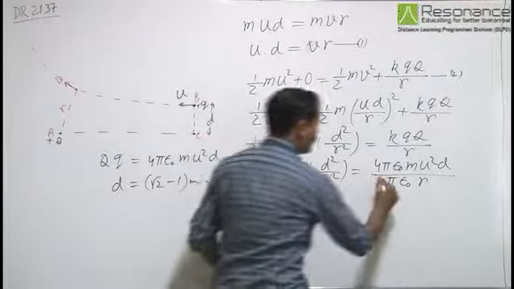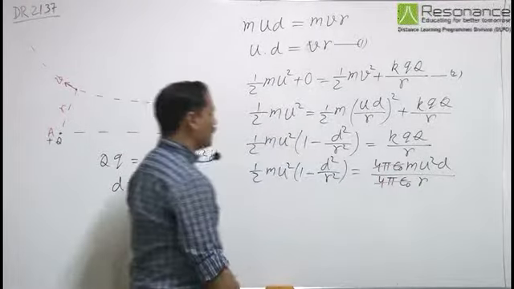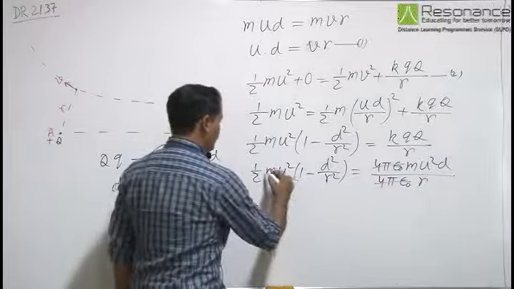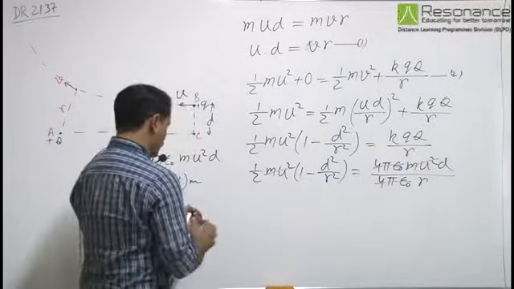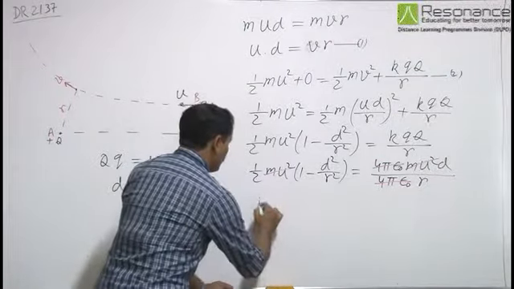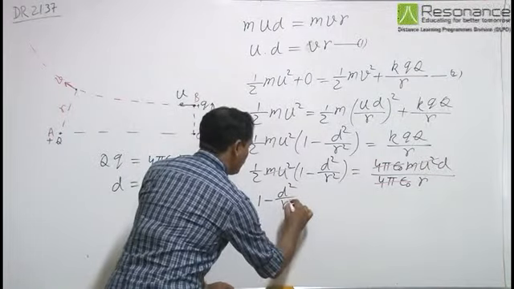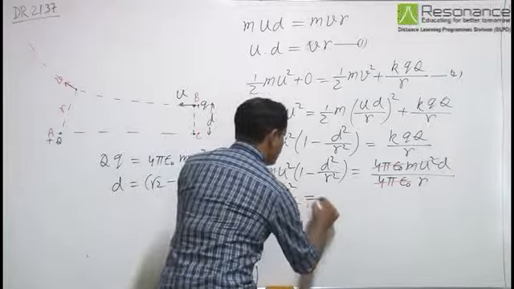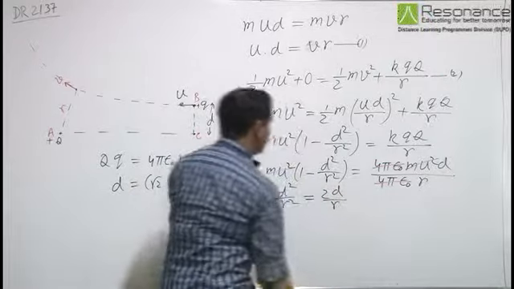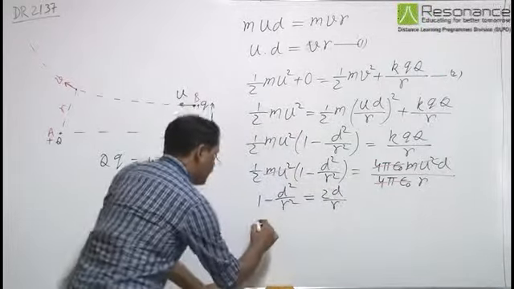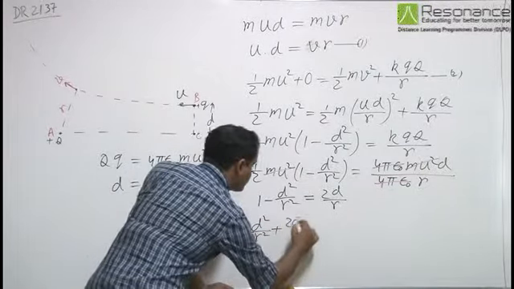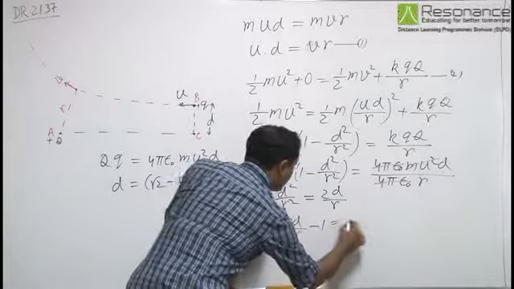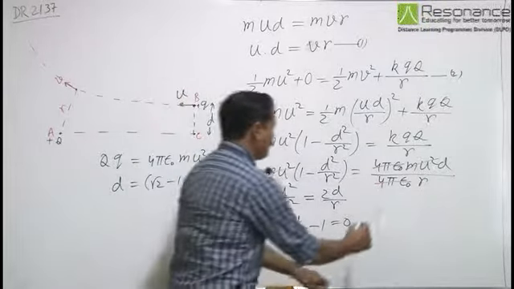So these 4 pi epsilon naught cancel. m u square is also cancelled. So we are left with 1 minus d square by r square is equal to 2d by r, or this can be written as d square by r square plus 2d by r minus 1 is equal to 0.